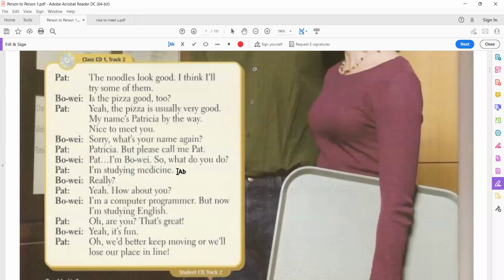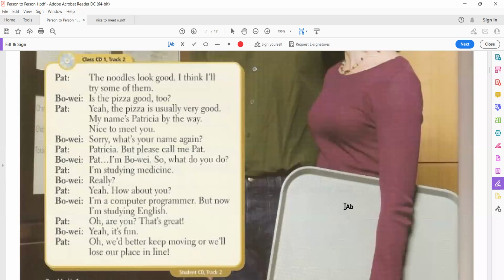So what do you do? I'm studying medicine. Really? Yeah. How about you? I'm a computer programmer, but now I'm studying English. Oh, are you? That's great. Yeah, it's fun. Oh, we'd better keep moving or we'll lose our place in line.